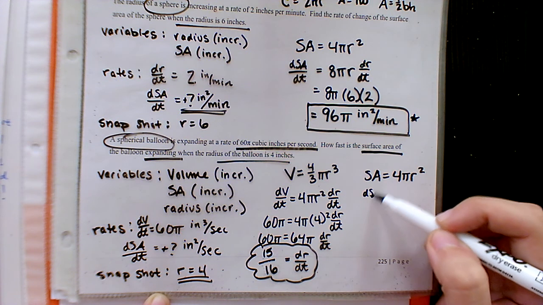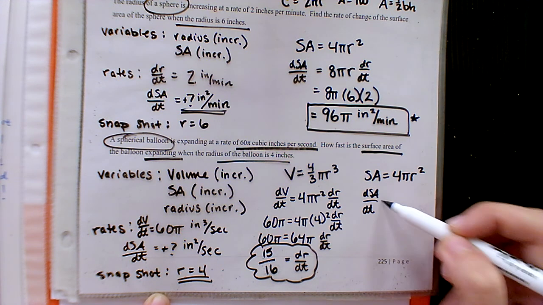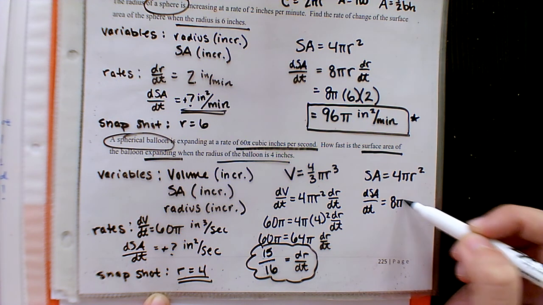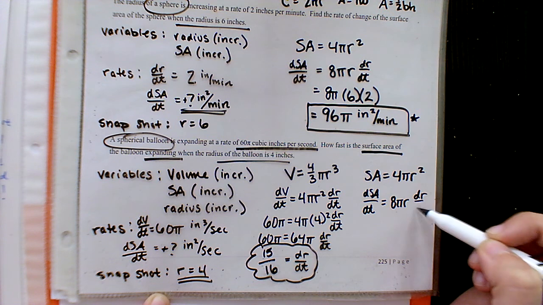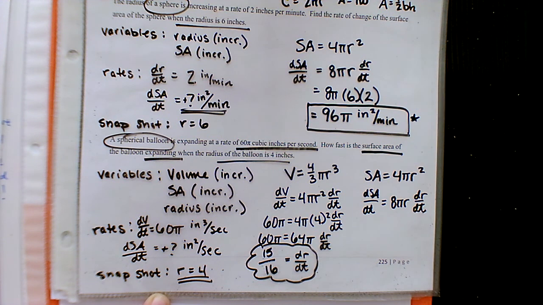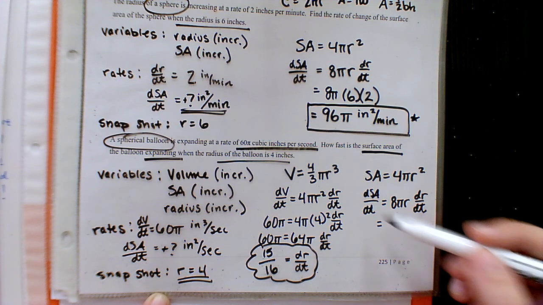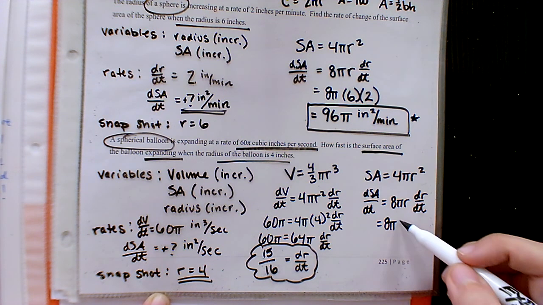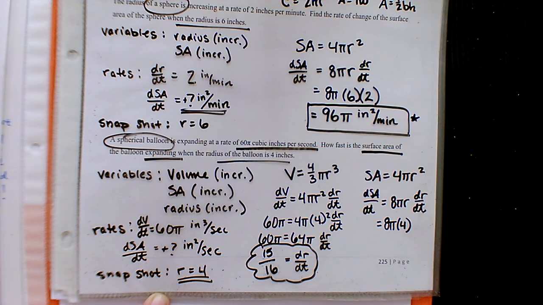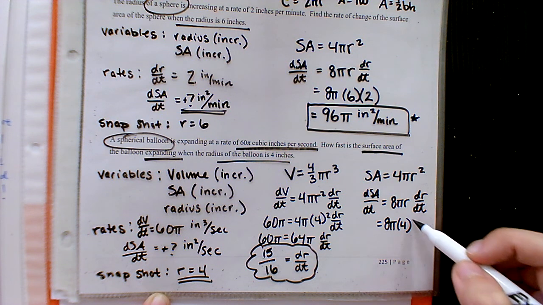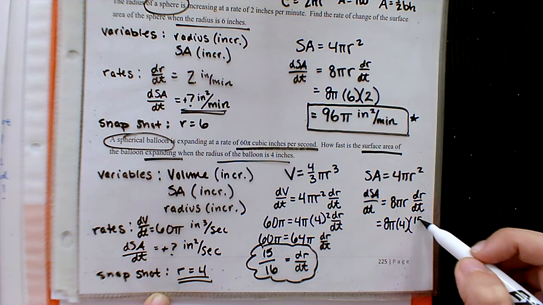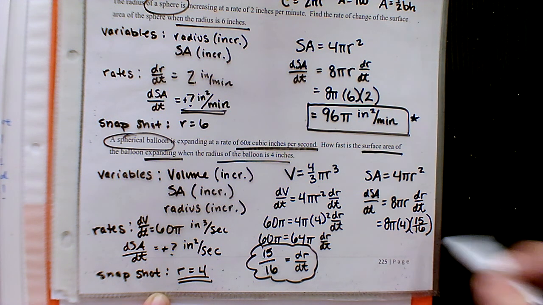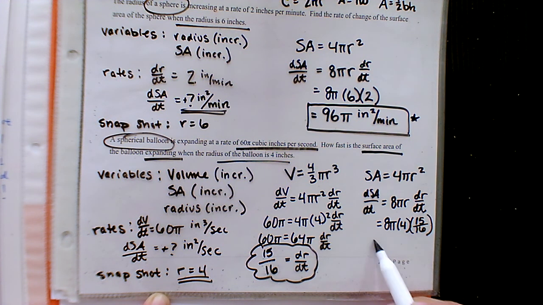So derivative, dSA over dt, we'll have 8 pi r dr over dt. We're trying to figure out the rate for surface area, so we'll leave that one blank. Our radius for the snapshot was 4, and the rate at which the radius is changing, we just figured out to be 15/16.